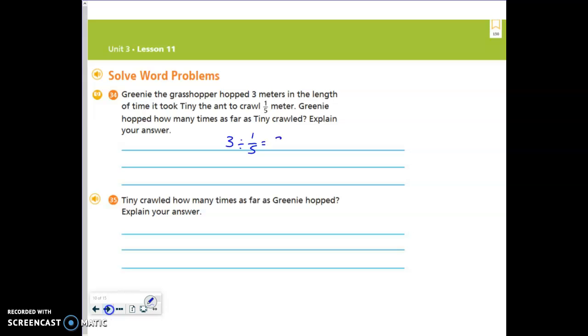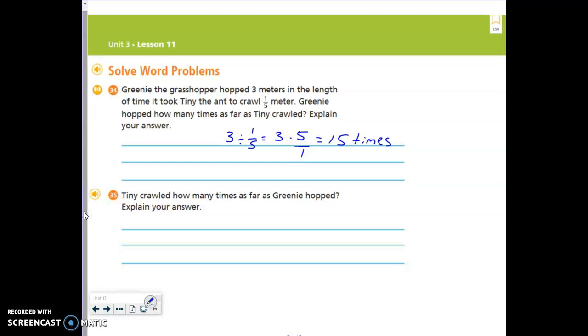It actually means the same thing as 3 broken into 5 separate pieces. Every time the grasshopper hopped 1 meter, Tiny the ant crawled 5 meters. So 3 of those is going to be 3 broken into 5 groups, which gets me to an answer of 15 times as much.